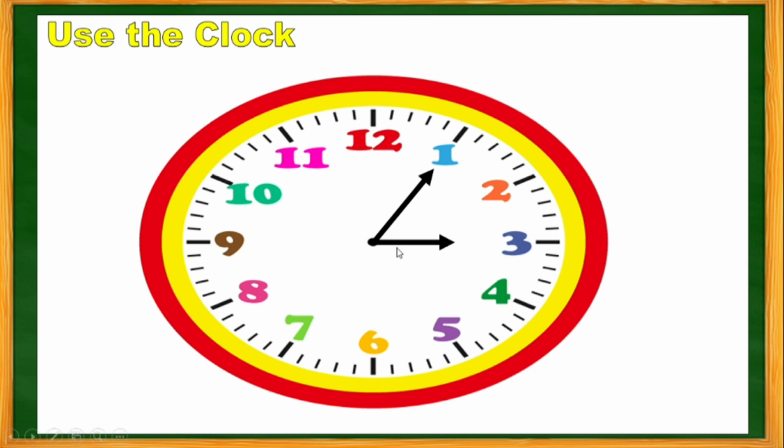At 3:05, the small hand of the clock is pointed to 3, and the bigger hand is pointed to 1. And he finished at 3:55, so this one is 3:55.